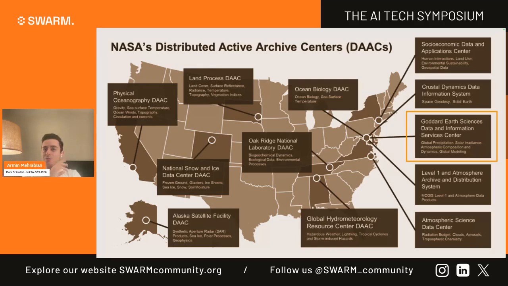Most of my presentation today is going to be about what we do at NASA Goddard to satisfy the goals of our mission, which is to make sure that people can find our data, use our data, and do actual research with it. Each of these DAACs has its own area of focus.